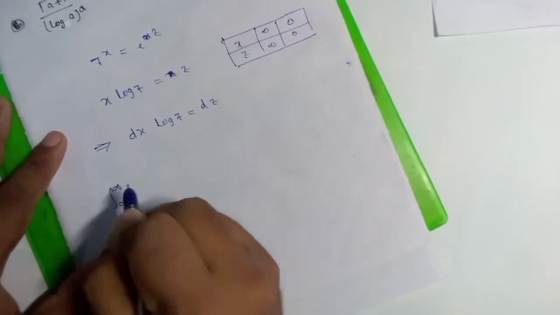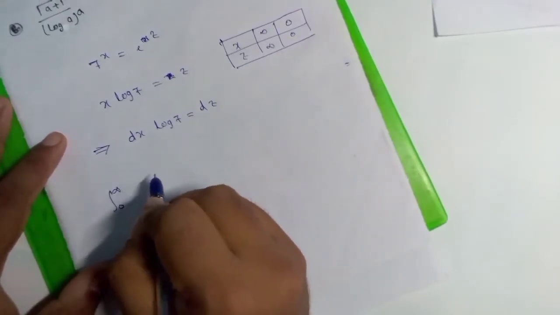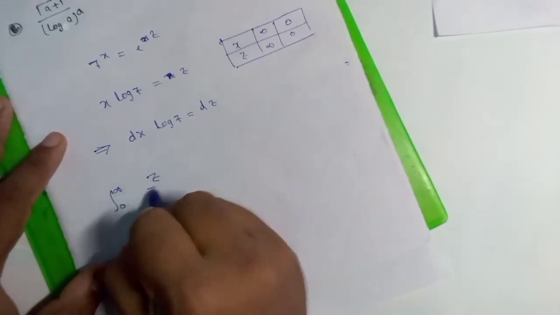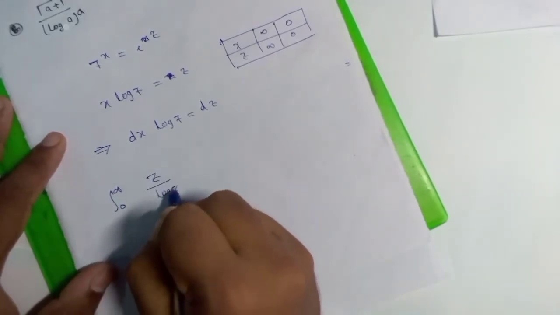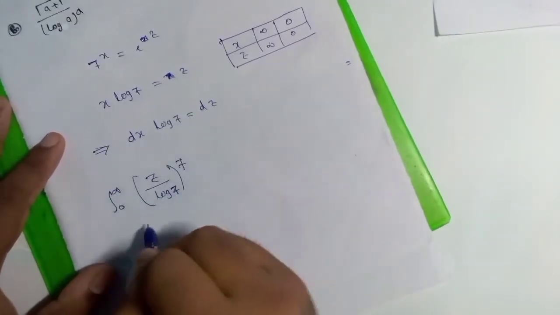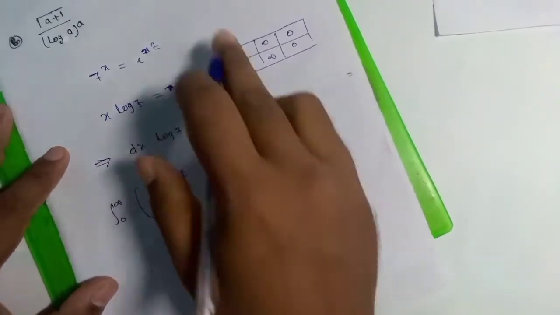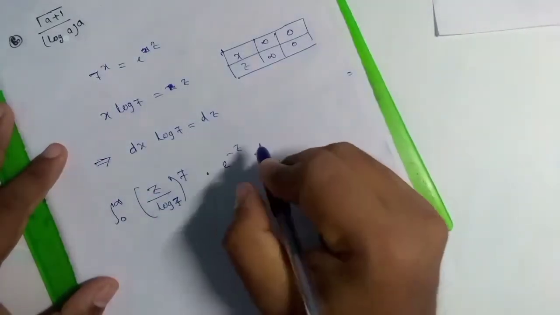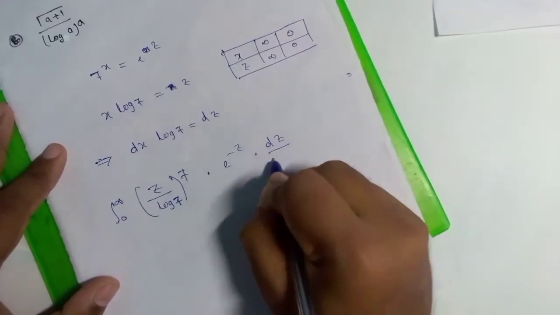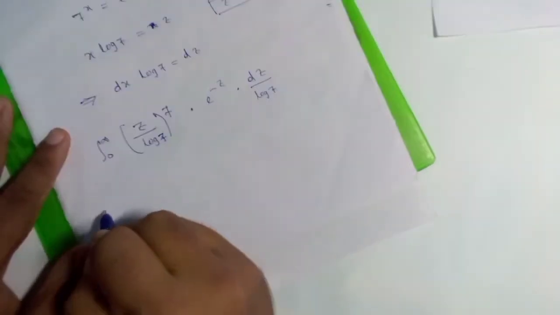So therefore, from 0 to infinity, x equals z by log 7, so z by log 7 to the power 7. Here 7 to the power x means e to the power z, so it comes e to the power minus z, and dx equals dz by log 7.